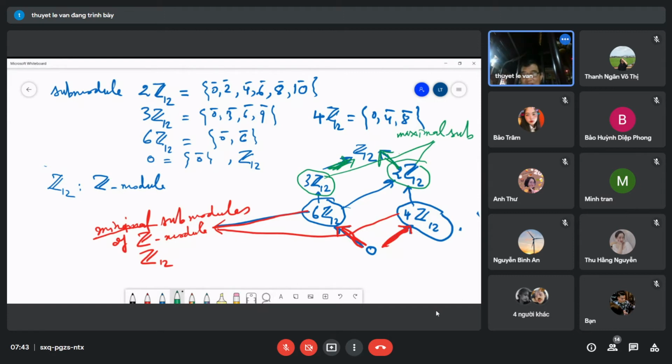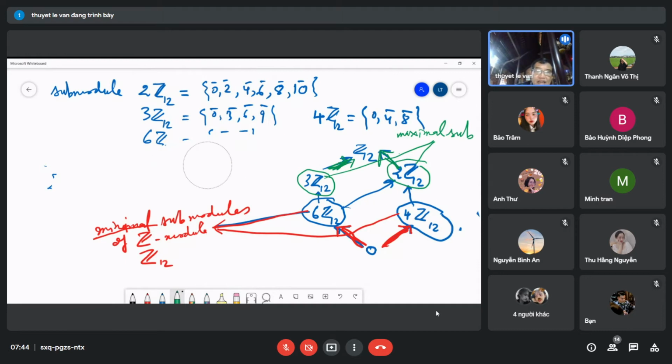Okay, that is one example. I show you two minimum submodules and two maximum submodules.